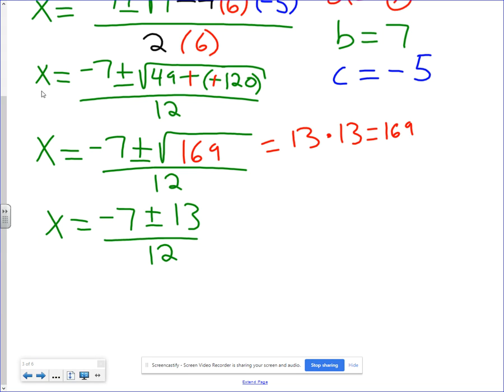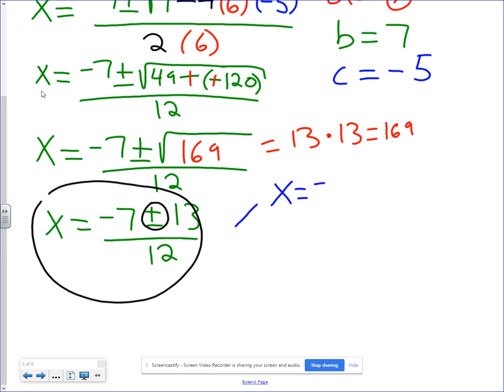And now to find the roots, we'll just expand on this plus or minus term right here. So we can get 2 equations from this. Using the plus of the plus or minus, we get x equals -7 plus 13 over 12. And then using the minus from our plus or minus, we get x equals -7 minus 13 over 12.